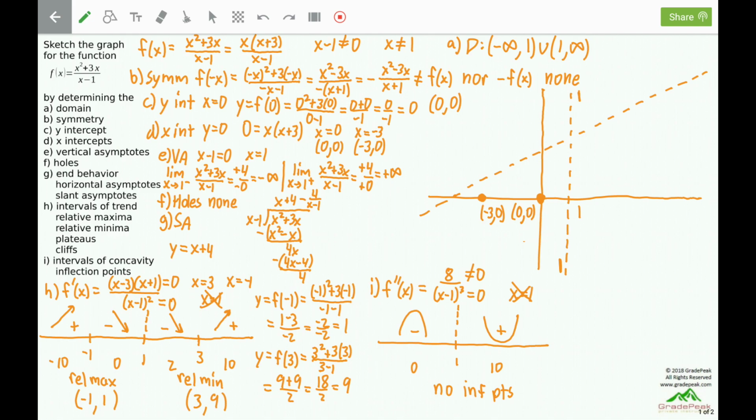When x is 0, y will be 4, so it crosses here at 4, and it crosses here at -4 for x, since y is going to be 0 then.